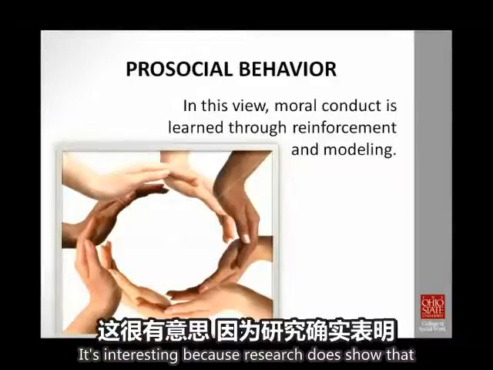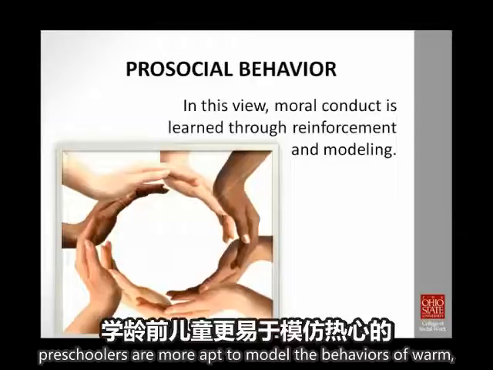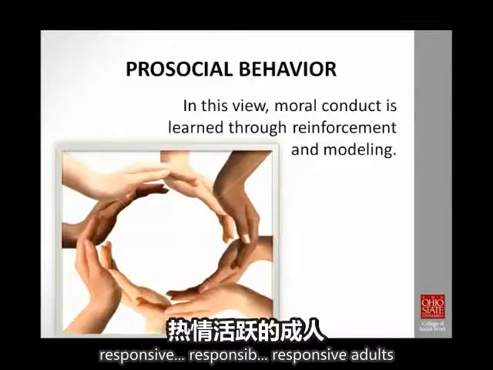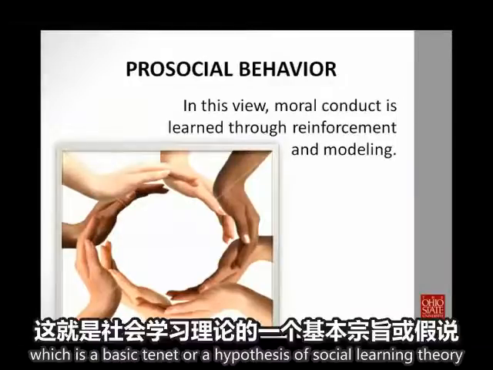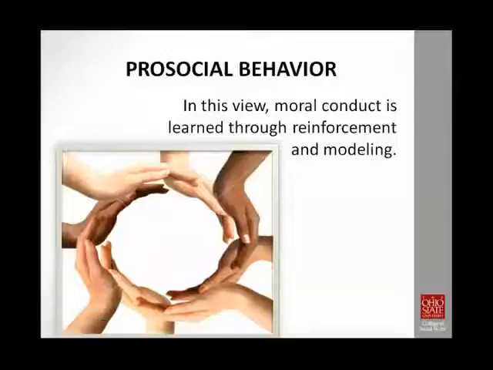It's interesting because research does show that preschoolers are more apt to model the behaviors of warm, responsive adults, and models viewed as highly competent or high in prestige, which is a basic tenet or hypothesis of social learning theory.